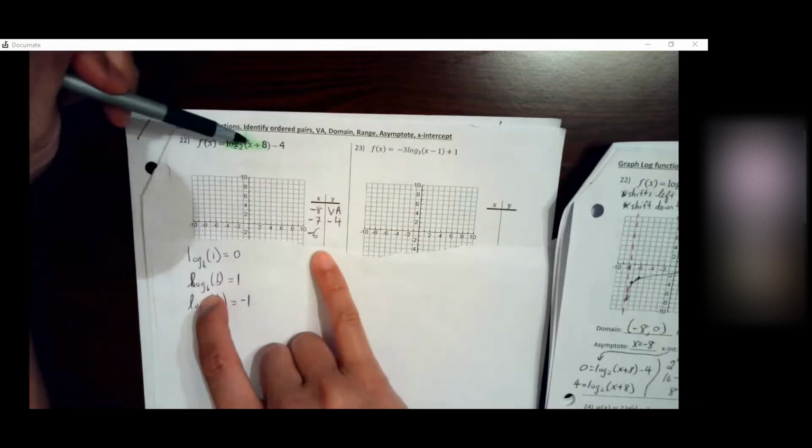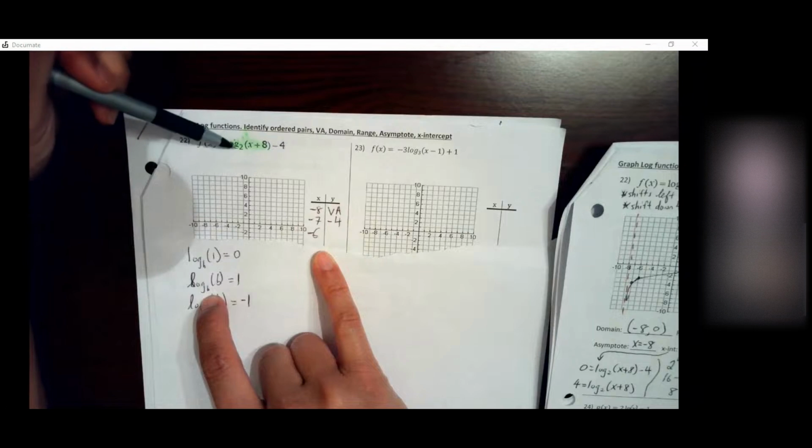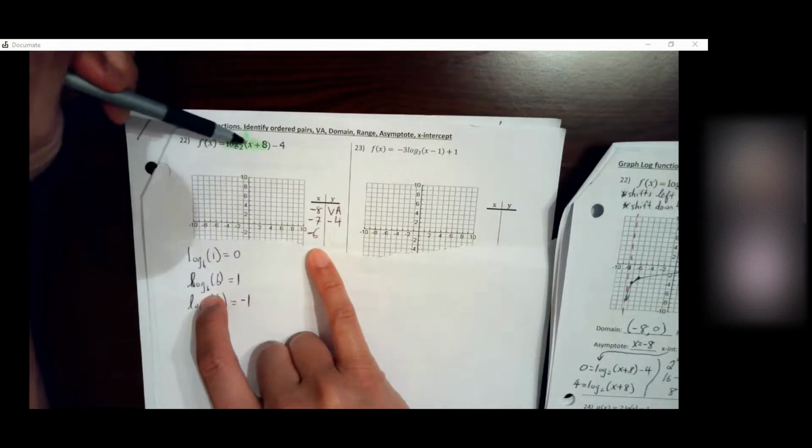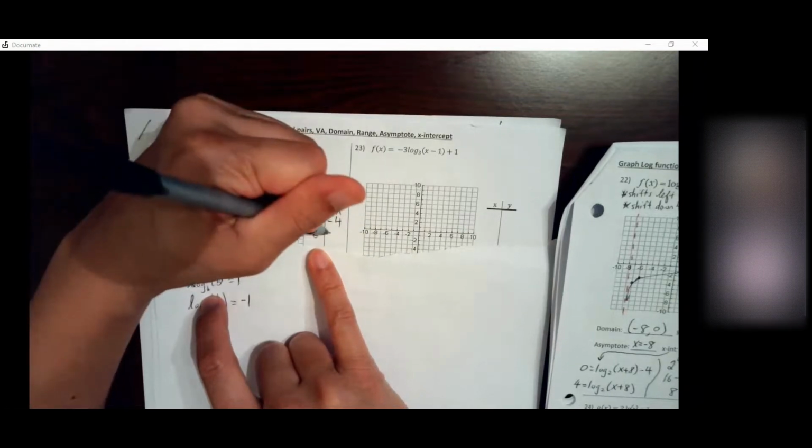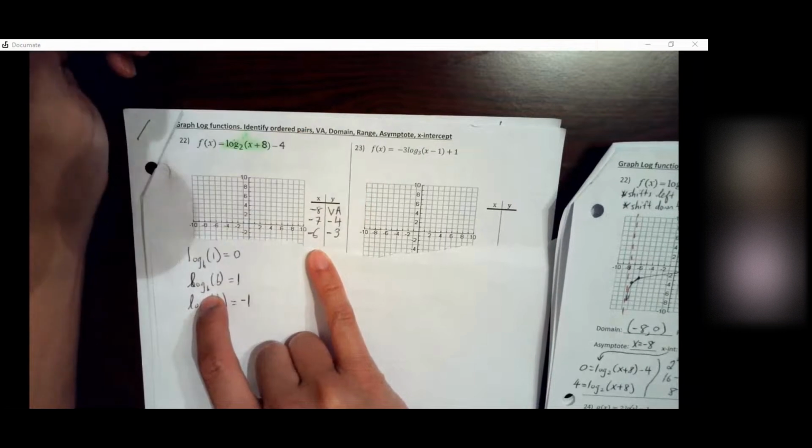Which then, since that log is 1, 1 minus 4, or -3, would be our y. Log base 2 of 2 is 1, and 1 minus 4 is -3. So -6, -3.